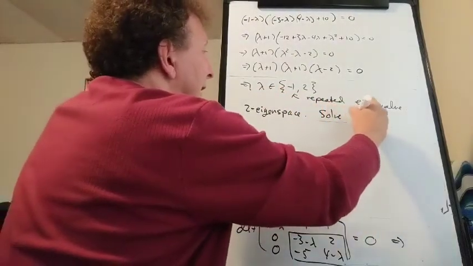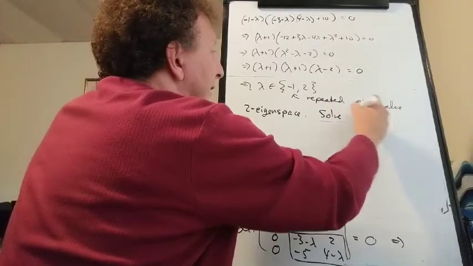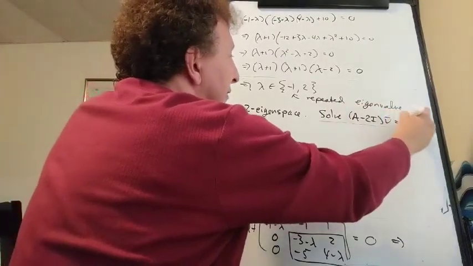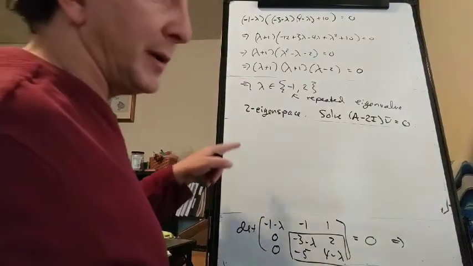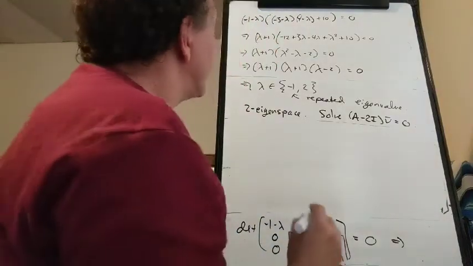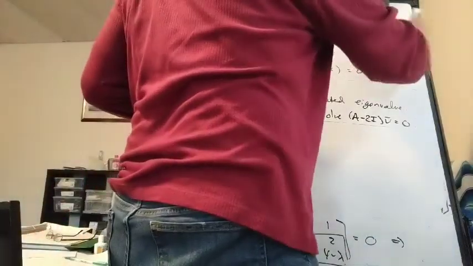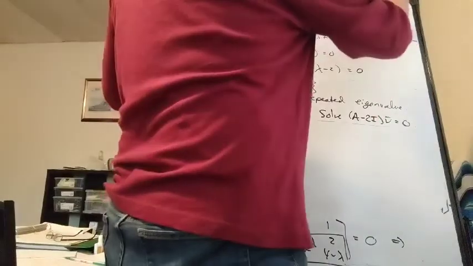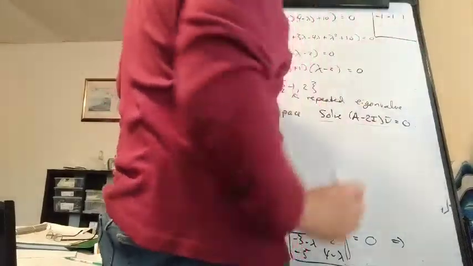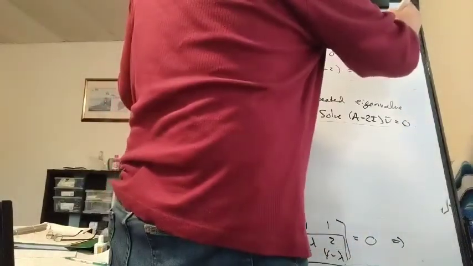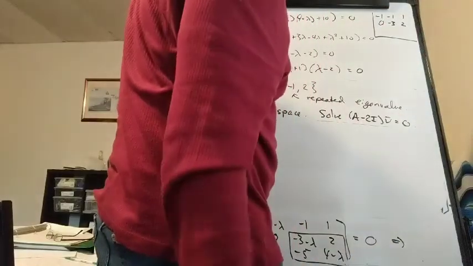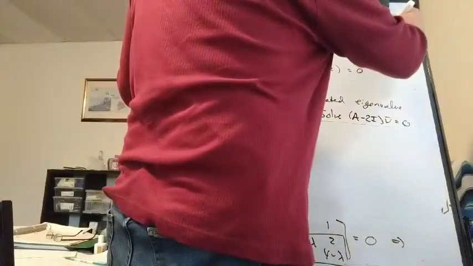So we'll solve A minus 2I times v equals 0. And I erased A, but A is the matrix. Let me put it in the corner somewhere so we don't lose it. A is -1, -1, 1, 0, -3, 2, 0, -5, 4.